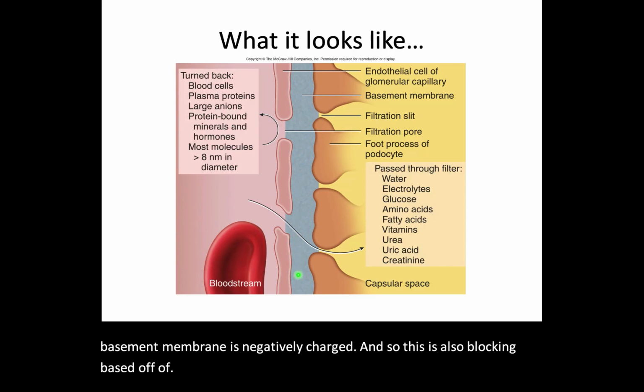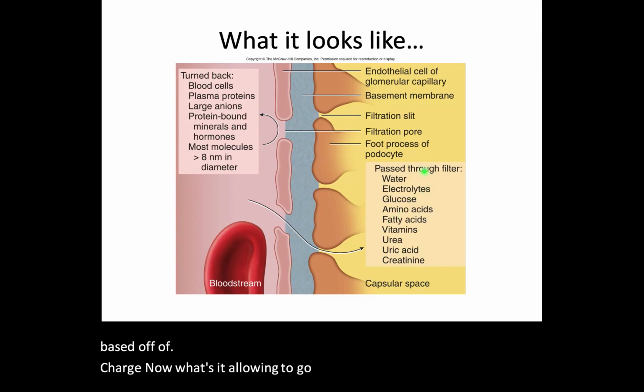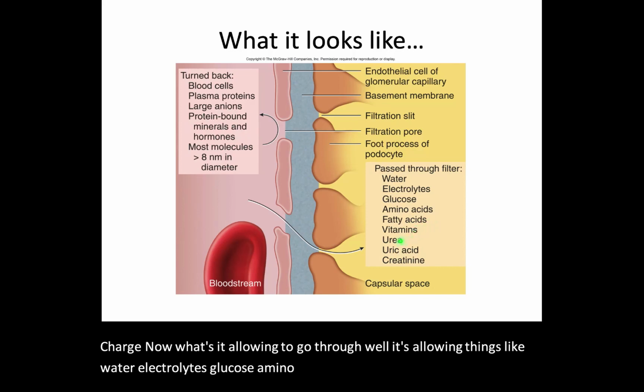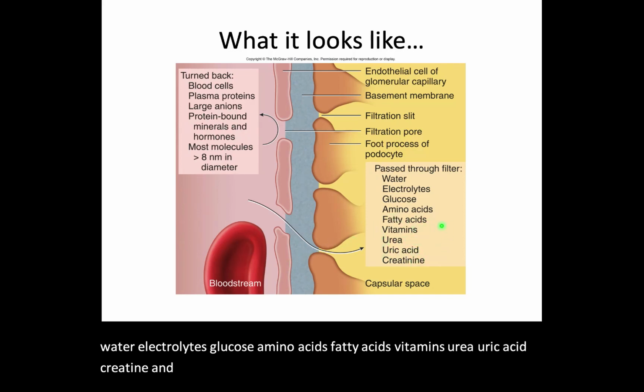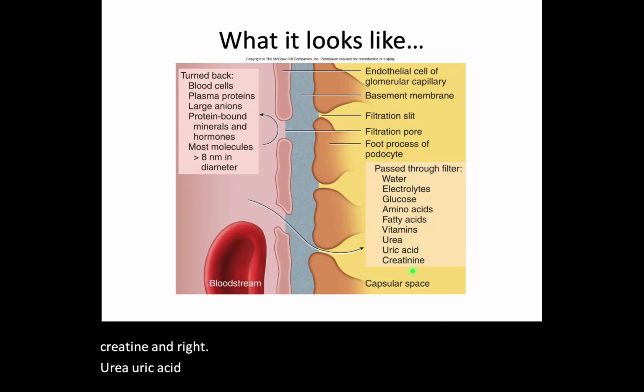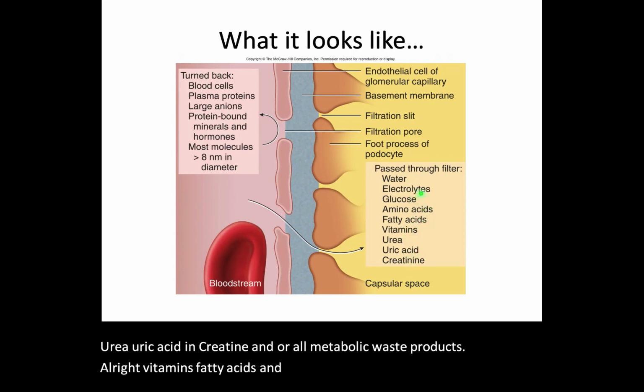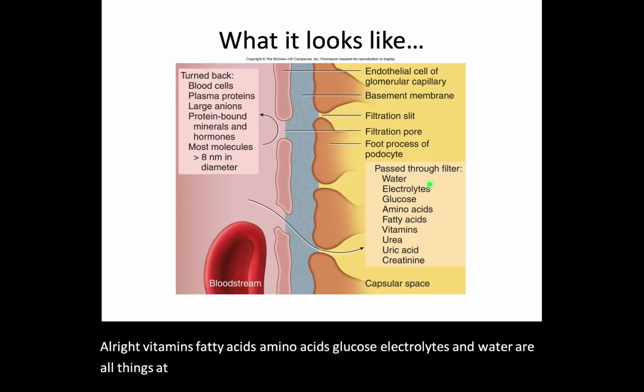Now, what's it allowing to go through? Well, it's allowing things like water, electrolytes, glucose, amino acids, fatty acids, vitamins, urea, uric acid, creatinine. Urea, uric acid, and creatinine are all metabolic waste products. Vitamins, fatty acids, amino acids, glucose, electrolytes, and water are all things that the body needs and most likely will end up reabsorbing later on.